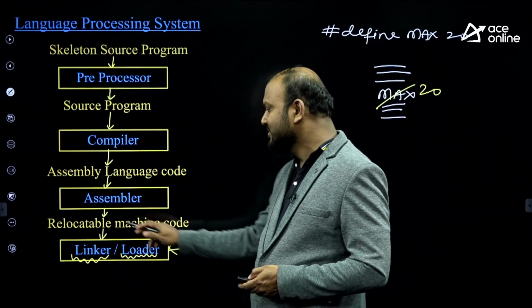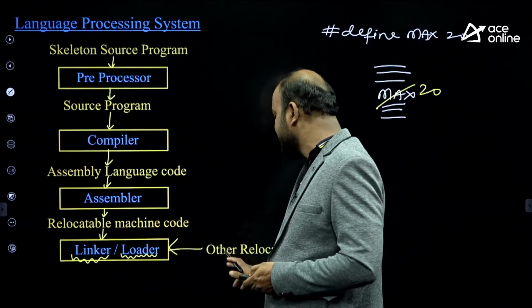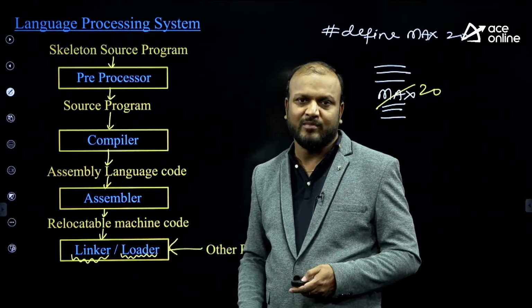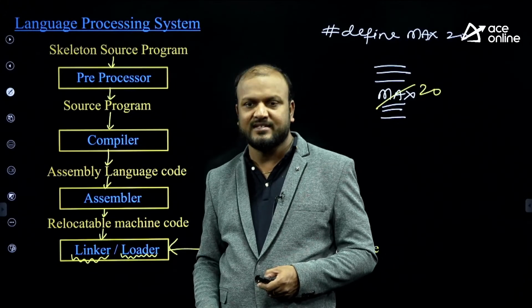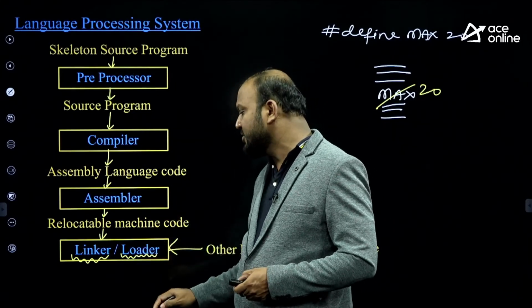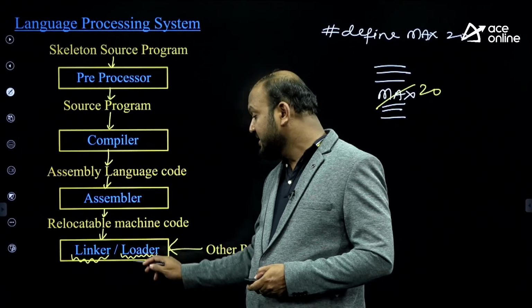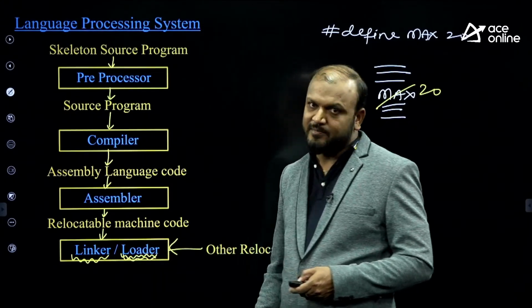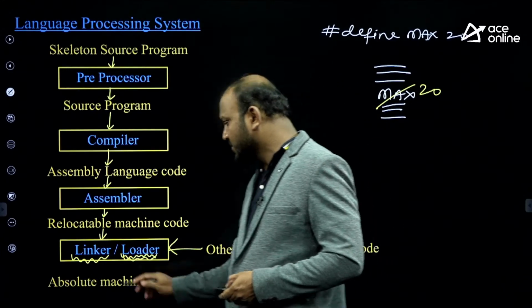What does the linker do? It links this other relocatable machine code with my relocatable machine code to make it a single executable program. And that single executable program is to be loaded into main memory by the system program we call loader. So what will the loader do?